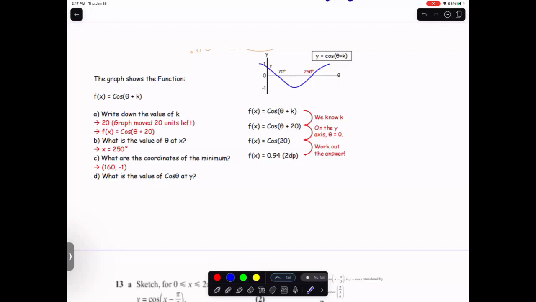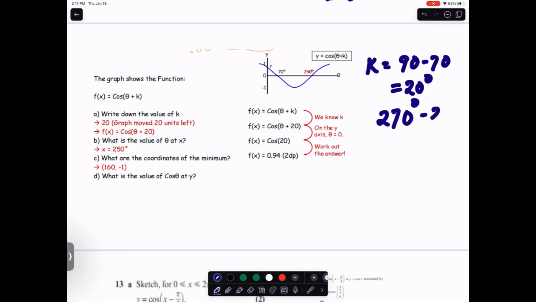So the k value is going to be 90 minus 70, which gives us 20 degrees. Or you have 270 minus 250 degrees, which will also give us 20 degrees. So the value of k here is 20 degrees.